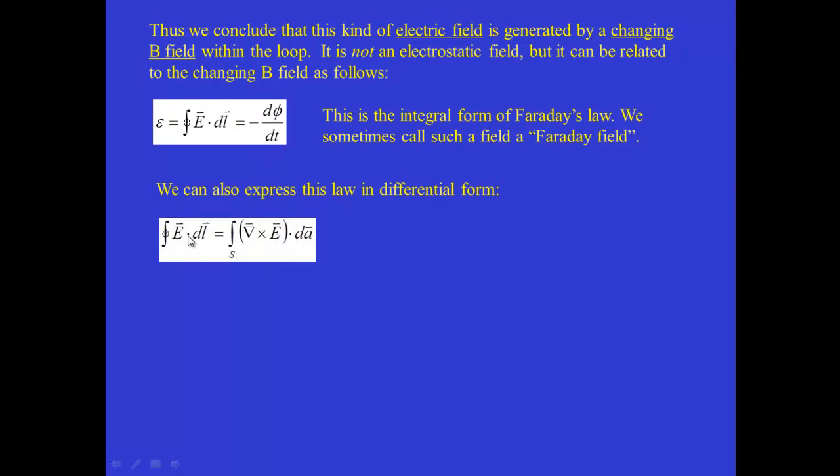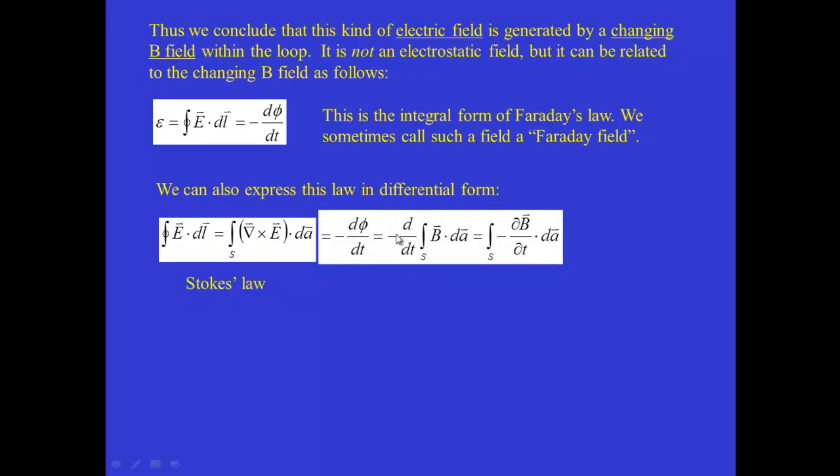And we can do this just through using Stokes' Law. Remember that Stokes' Law tells us that the integral of the curl of a vector function dotted into dA over a surface is equal to the integral of that vector function dotted into the path element all the way around the closed loop that bounds the surface.